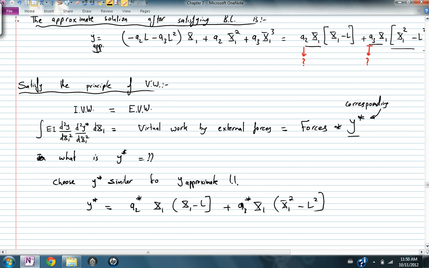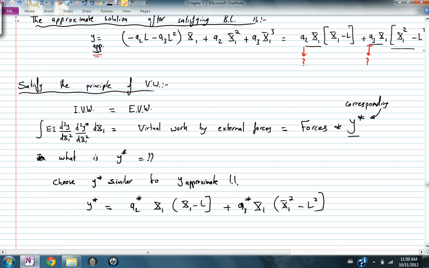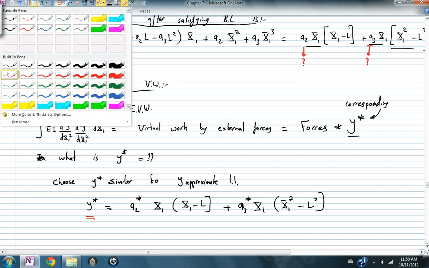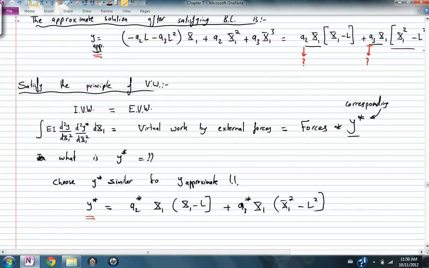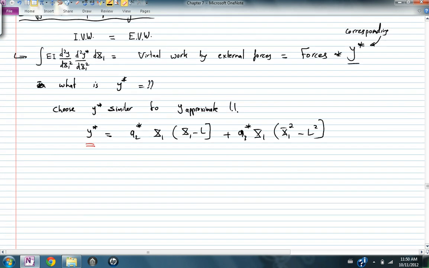I looked at the approximate displacement that I'm assuming, and I made it a virtual displacement by changing the numbers that I can change, which are the numbers that I don't know what to choose for, A2 and A3, those constants. And after doing this, just substitute into the equation. And instead of y, I'm going to use y approximate.